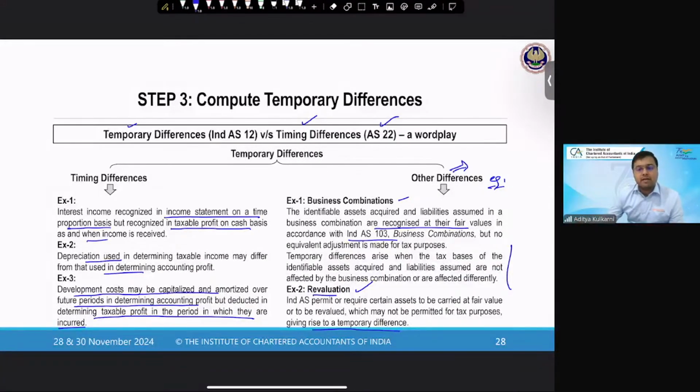Generally, you won't see them under the AS22 regime, but these items you will see under AS 22 plus Ind AS 12, whereas these items are typically restricted to Ind AS 12 alone and not to AS 22. Are you able to understand? Yes, sir. So this becomes a more comprehensive manner of calculating your deferred tax assets and deferred tax liabilities.